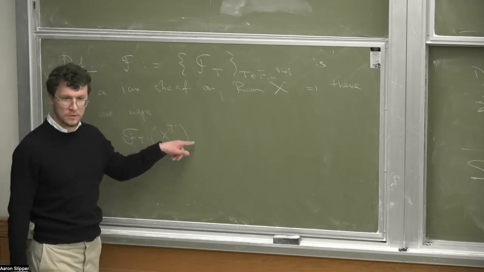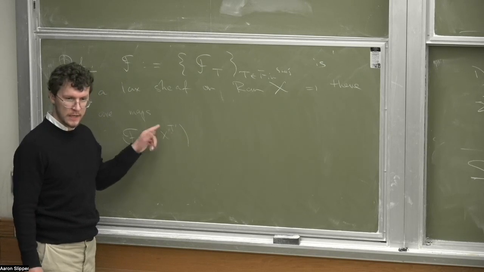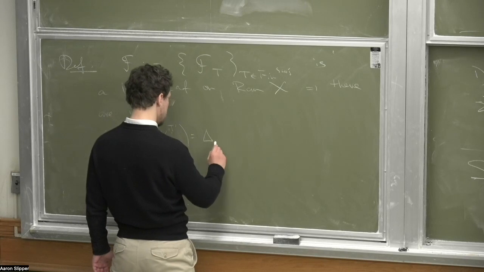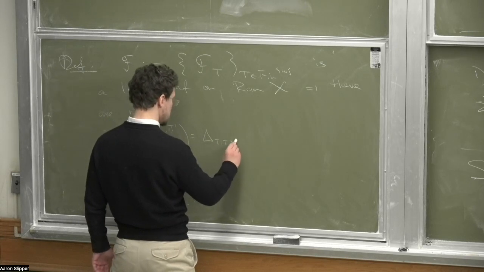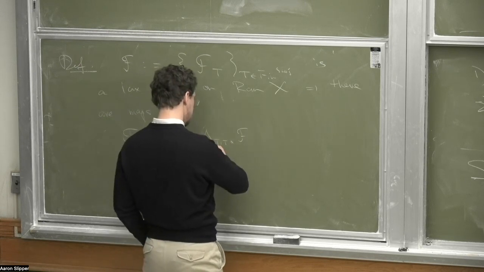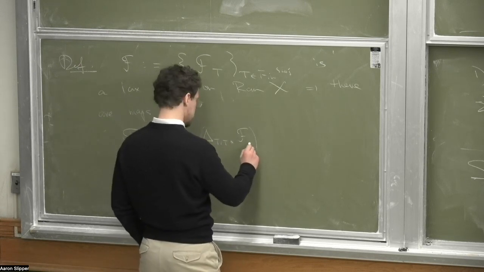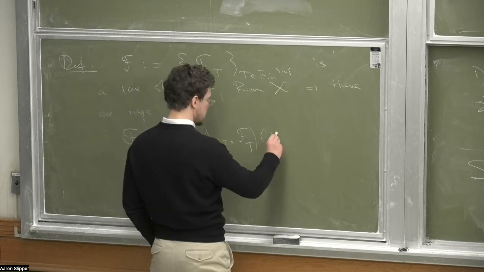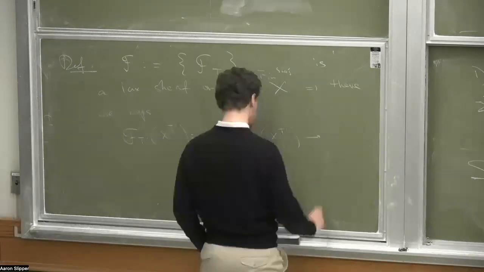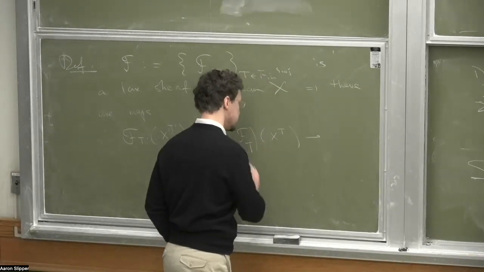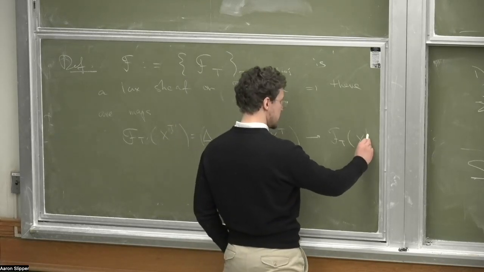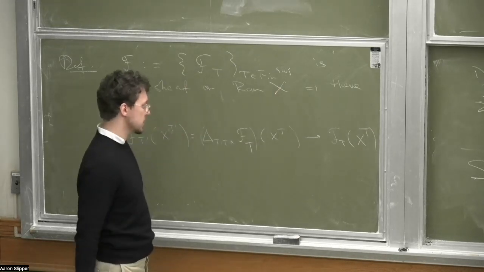So F_T prime is the sheaf on this power. I can take global sections of this thing. This is the same as taking the pushforward of F_T evaluated on X^T, and there is a map to F_T evaluated on X^T.